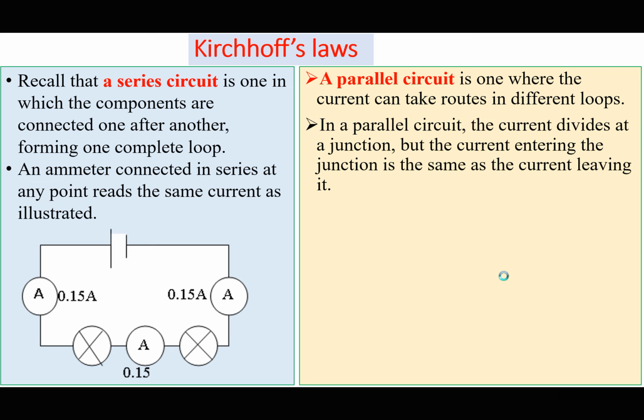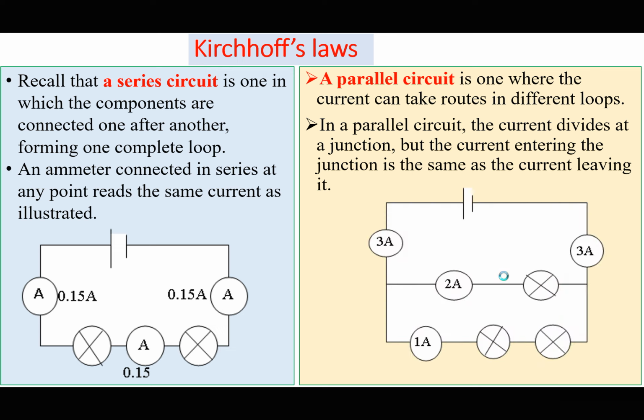In a parallel circuit, the current divides at a junction, but the current entering the junction is the same as the current leaving that junction, because the total charge of an isolated system remains constant. Because current is the rate of flow of charge carriers, the current which reaches a certain point must be equal to the total current which leaves that point.